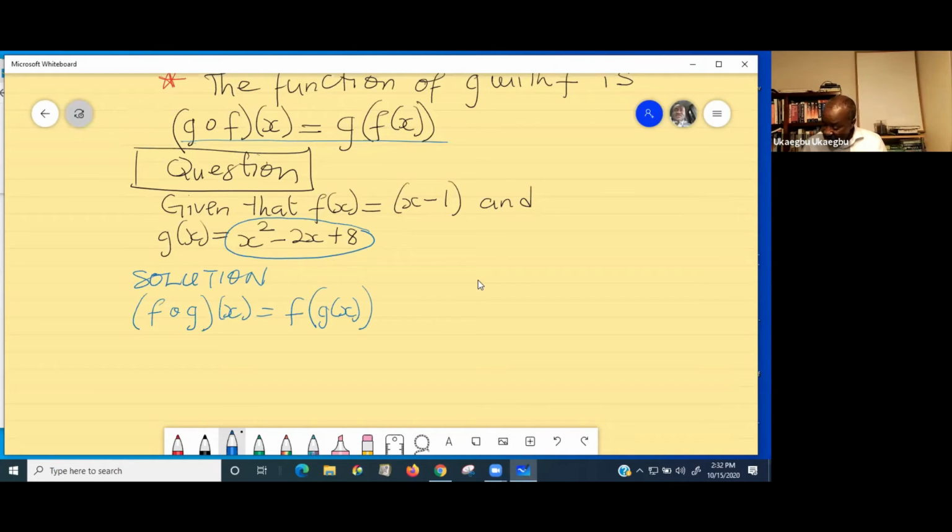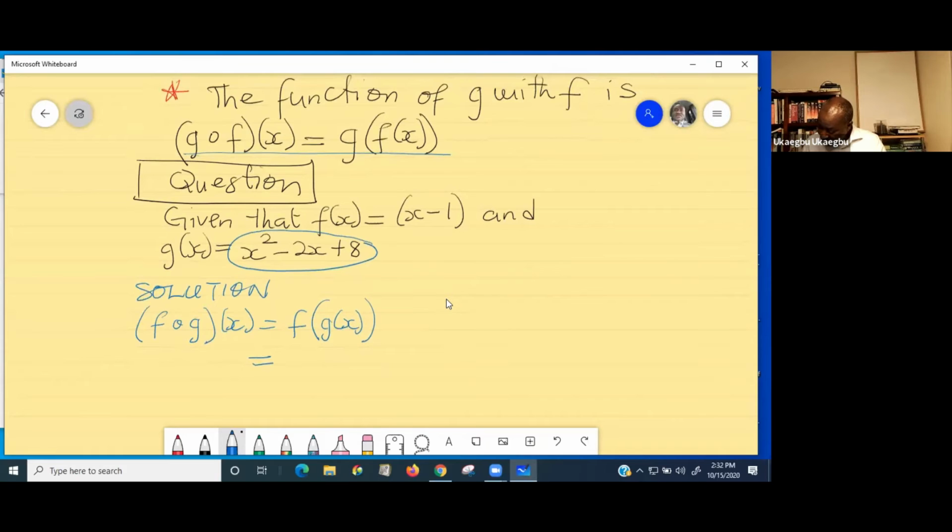All we are doing is taking the function of g of x and putting it in that x of f. Which is saying we are taking all of these, all of them, and putting them here.